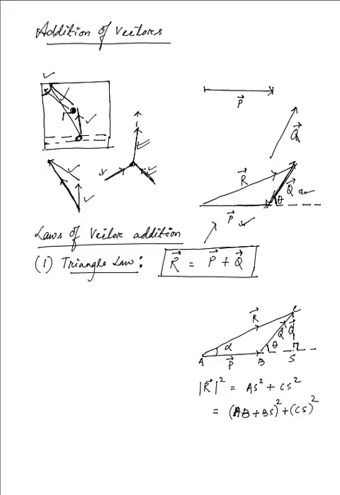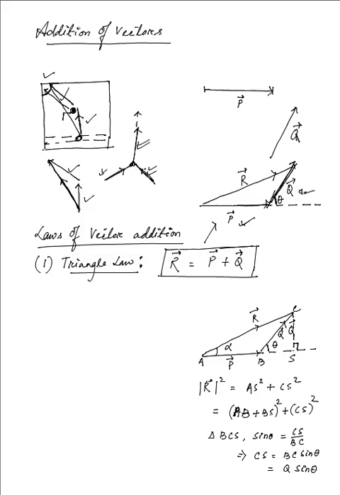Now if you observe this triangle BCS, in that we have sine theta equal to perpendicular divided by hypotenuse. So perpendicular being CS divided by the hypotenuse in that triangle, BC. So what we have is CS equal to BC sine theta. Now BC is obviously the magnitude of the vector Q, so I can write this as Q sine theta.